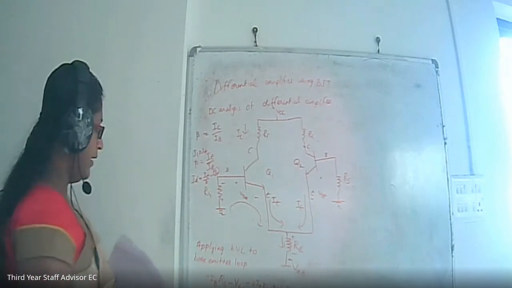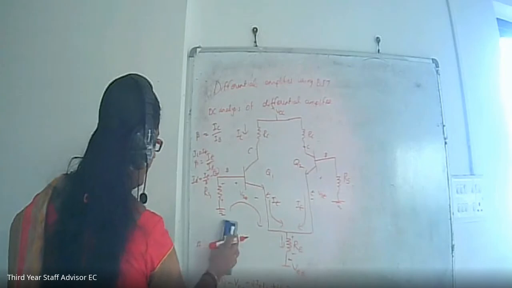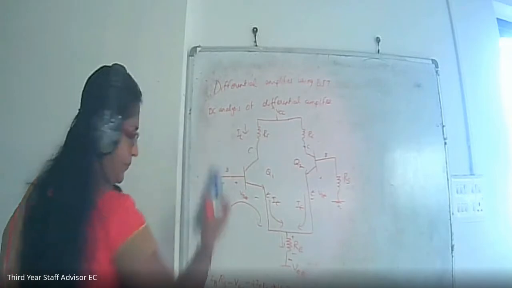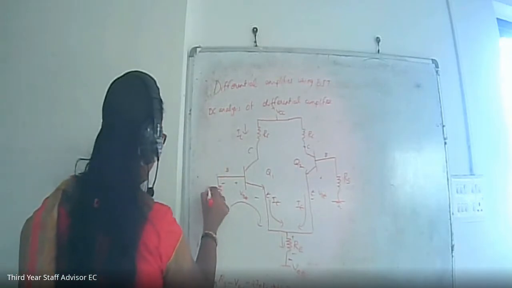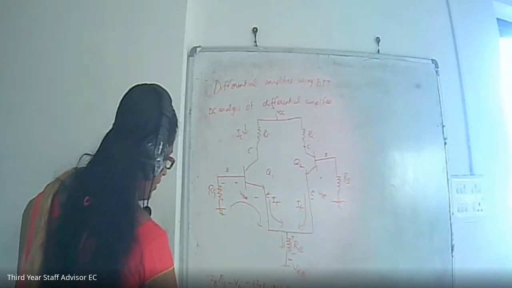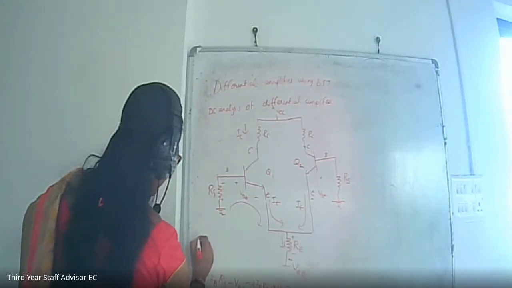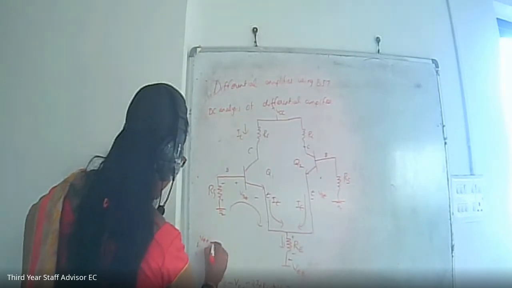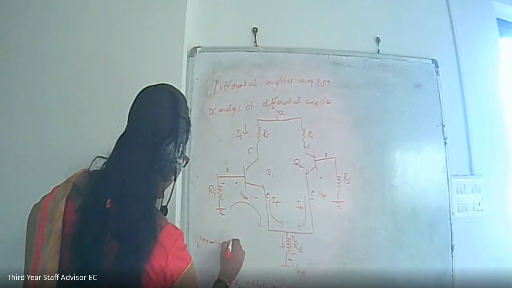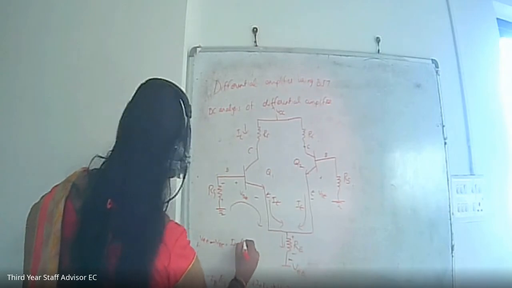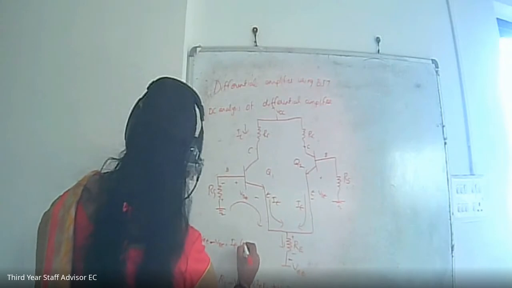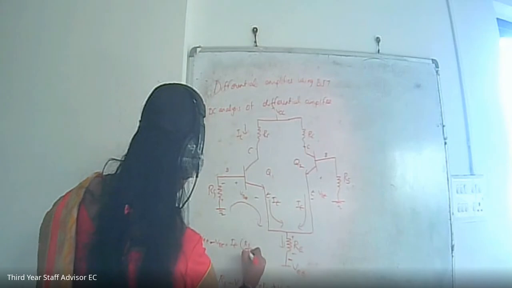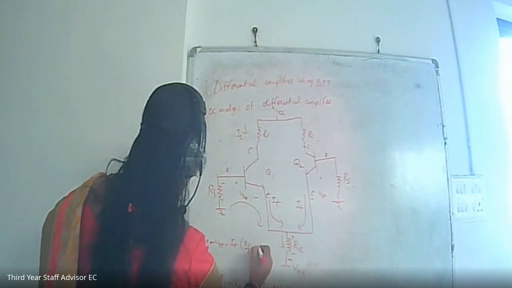So you can again write the equation. VEE equal to IE can be taken outside. VEE minus VBE equal to IE into RS by beta plus 2RE.